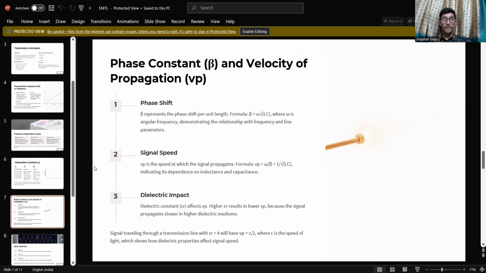Dielectric impact: dielectric constant epsilon r affects Vp; higher epsilon r results in lower Vp because the signal propagates slower in different dielectric mediums. Signals traveling on the transmission line will have Vp equal to c by 2, where c is the speed of light, which shows how dielectric properties affect signal speed.